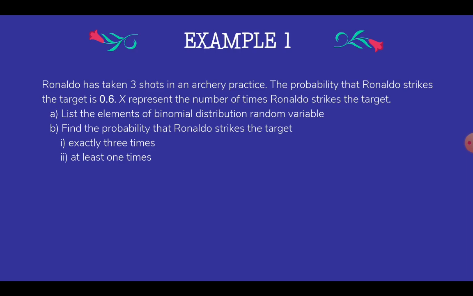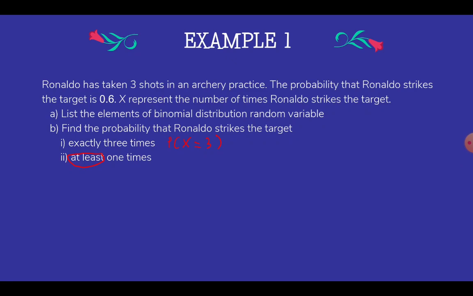So exactly 3 times means that x must be equal to 3. At least 1 time. What does at least 1 time mean? At least, in Malay, we say sekurang-kurangnya. So when we talk about at least, what number must be involved?